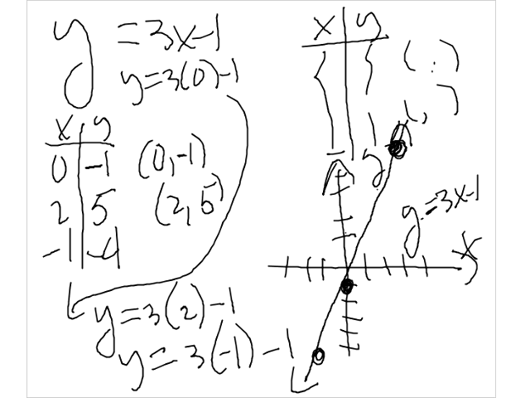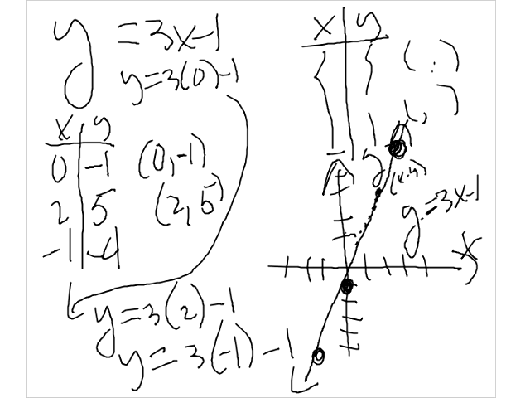This line is understood to be composed of millions and millions of individual points, and each one of those points has an xy coordinate. And when we plug in the x and y, as we did in the previous lesson, all those points will satisfy the equation y equals 3x minus 1.